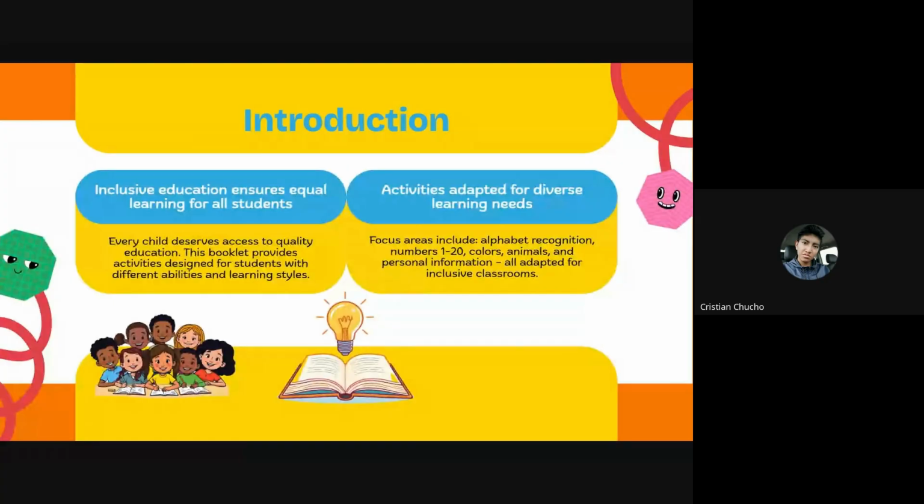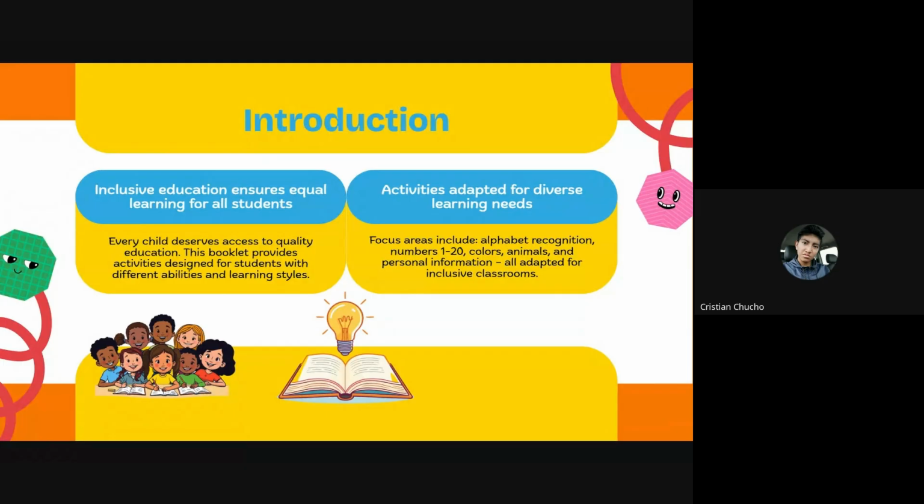As a first part, we have a short quote that means inclusive education ensures equal learning for all students. Every child deserves access to quality education. So as I mentioned, this booklet provides activities designed for students with different abilities and learning styles.